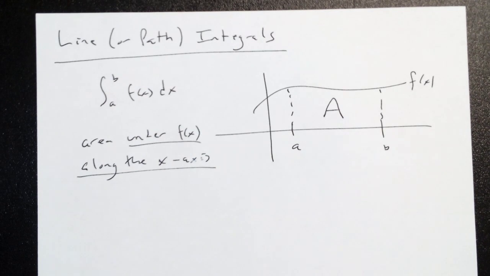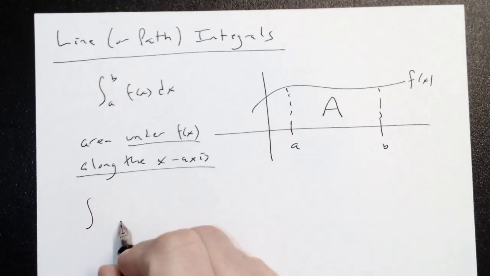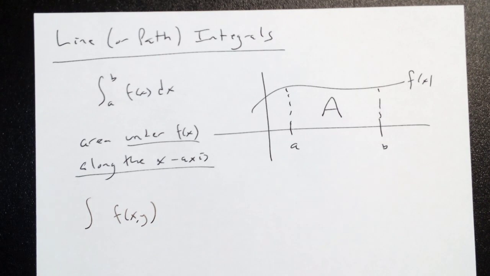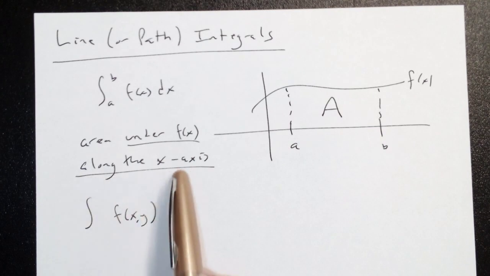Okay. I want to stretch this definition. I want to think about integrating a function of more variables. But instead of thinking about an area, I want to think about this along a path.